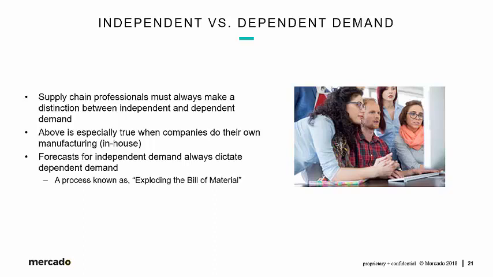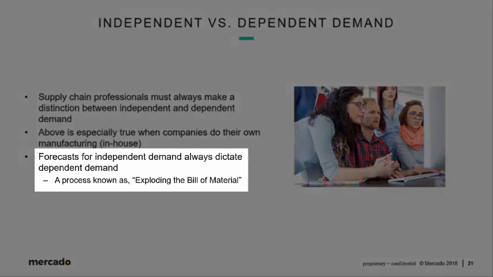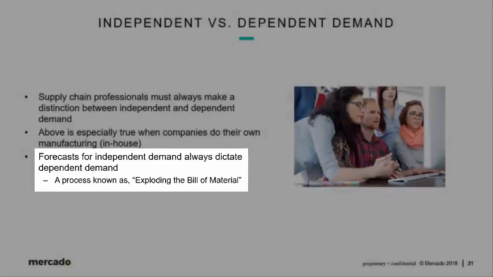That's a good example of the linkages that we've been talking about so much. Second bullet, this point is especially true when companies do their own manufacturing in-house, which is exactly what we're talking about right now. We have to engage in these activities, the linking of independent and dependent demand. To summarize, forecasts for independent demand always dictate dependent demand. This is a process known as exploding the bill of material.